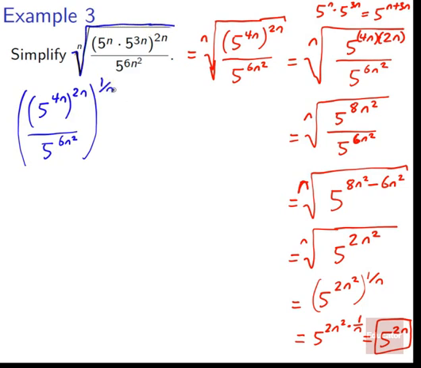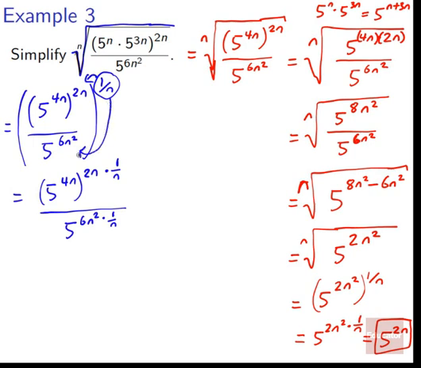Now, we can distribute this, and we can say that's 5 to the 4n, let's leave that as 2n times 1 over n, over 5 to the 6n squared times 1 over n, because this 1 over n will get applied to the top and to the bottom of our fraction.